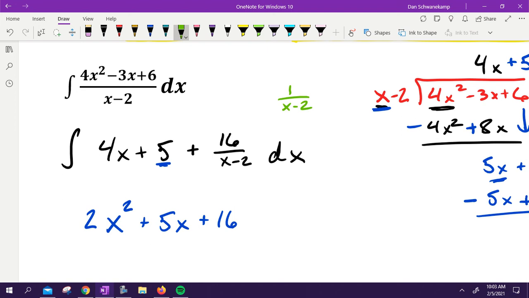That right there, since it's x to the first power on bottom and just a 1 on top, the antiderivative of that is natural log. 1 over u. This would be my u. That is natural log. Inside the parentheses, I'd rewrite it, x minus 2. Since it's just x minus 2 and nothing else fancy, I would divide by the derivative. It's just 1. So plus c at the end, that's my answer.